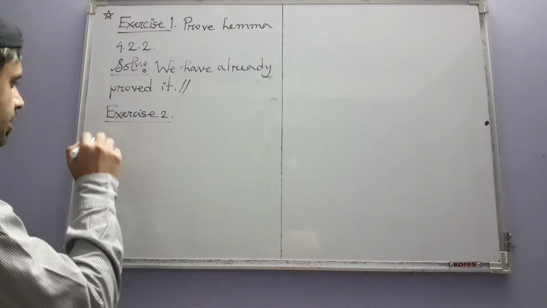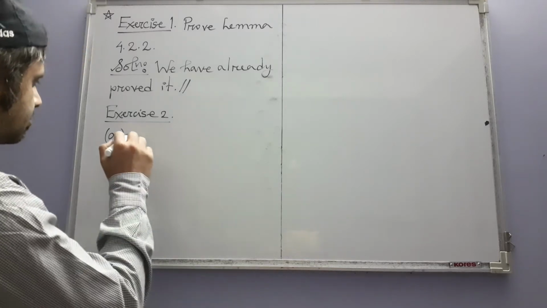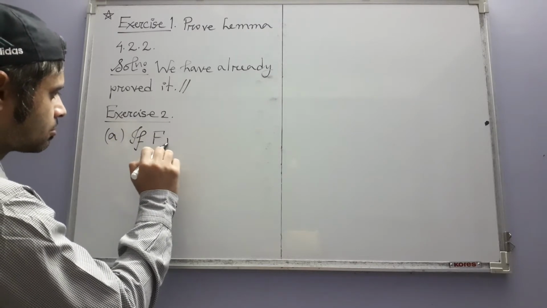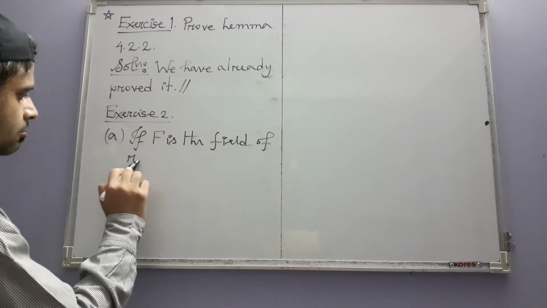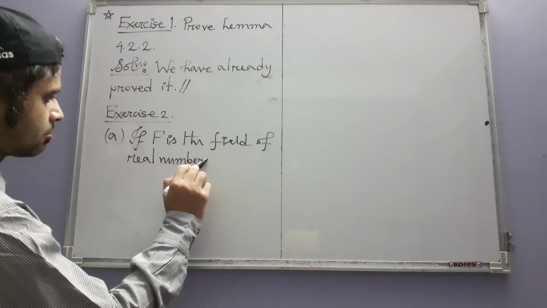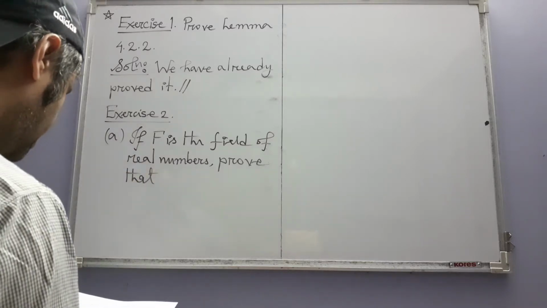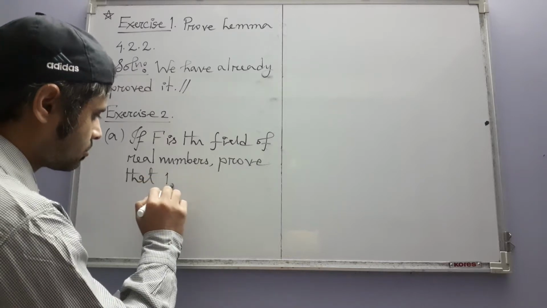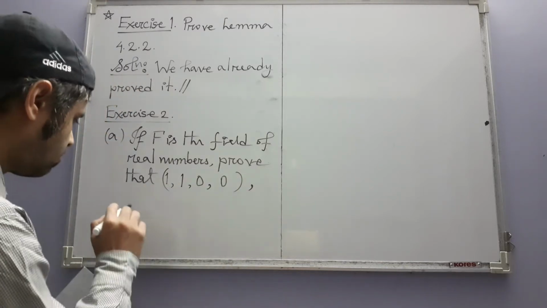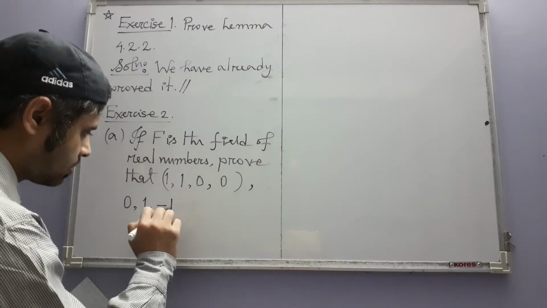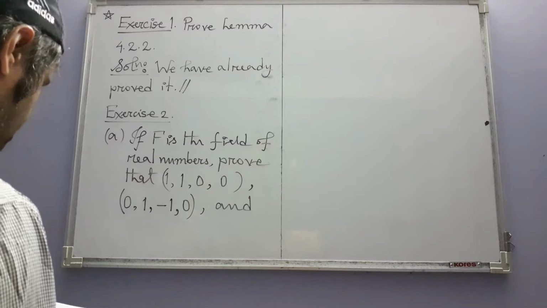Then the second one, it has two parts. Part A is this: if F is the field of real numbers, prove that three vectors are given (1, 1, 0, 0), (0, 1, -1, 0) and (0, 0, 0, 3).